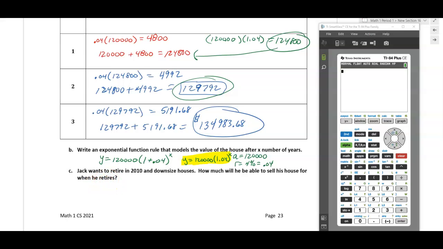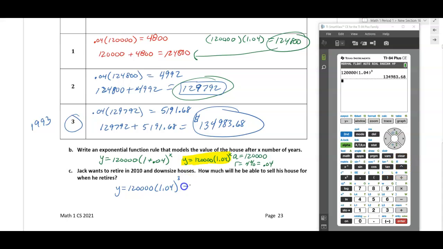If I want to figure out what the price of this would be, right? y equals 120,000 times 1.04. In year 3, or in this case year 1993, if I raise that to the third power, if I go to my calculator over here, 120,000, open parentheses, 1.04, close parentheses, to the third power.